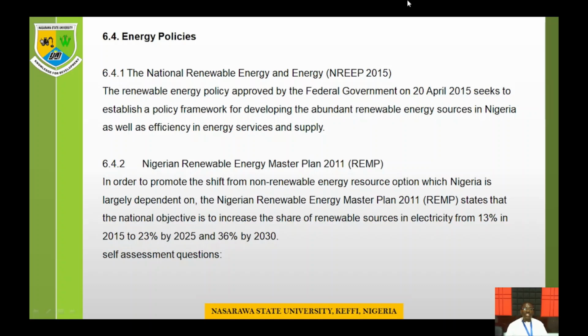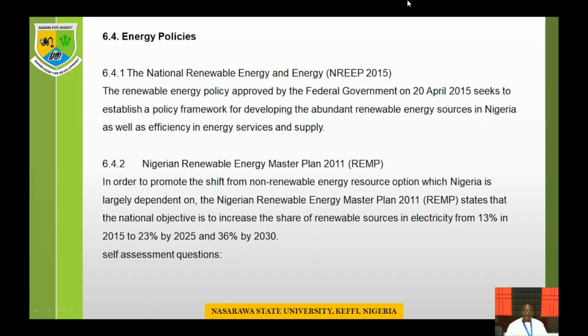In order to promote the shift from the non-renewable energy resource option, which Nigeria is largely dependent on, the Nigerian Renewable Energy Master Plan 2011, called REMP, states that the national objective is to increase the share of renewable sources in electricity from 13% in 2015 to 23% by 2025 and 36% by 2030, which means the master plan is to increase the renewable options in that order.